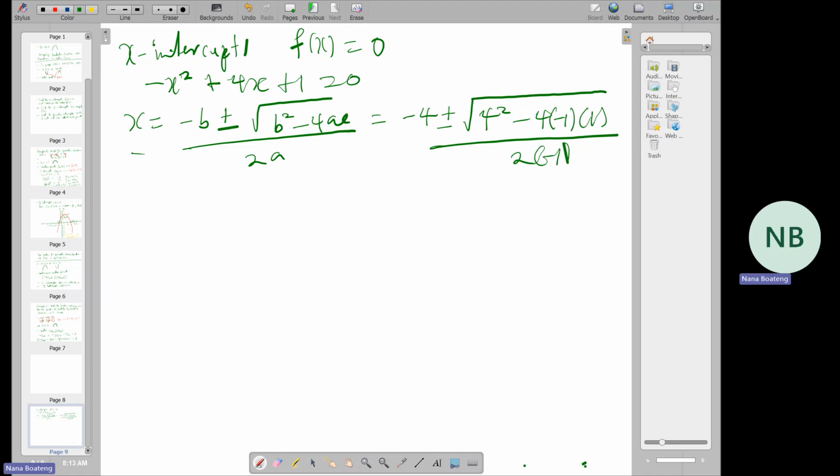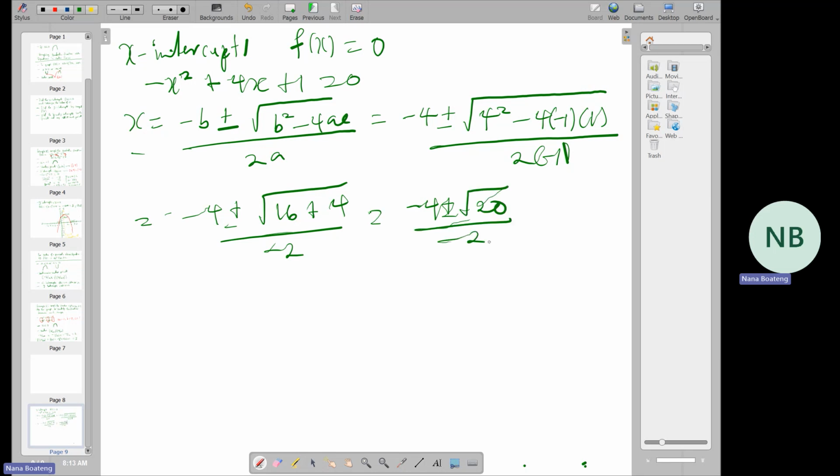And so this is equal to -4 plus or minus the square root of 16 plus 4, divided by -2. So this is equal to -4 plus or minus square root of 20 divided by -2.